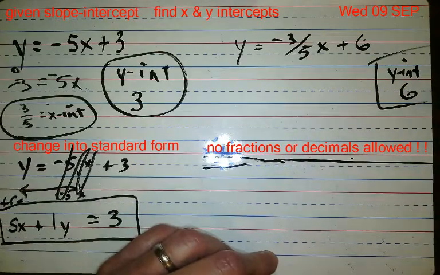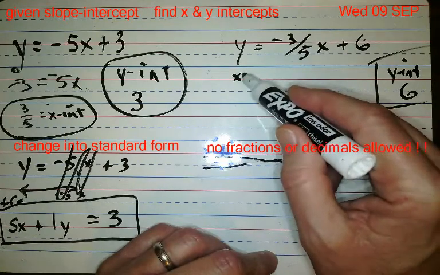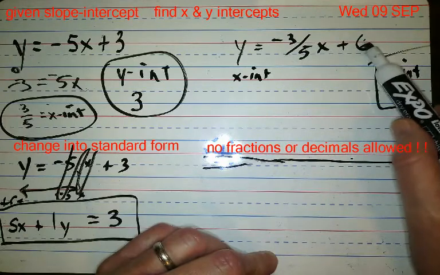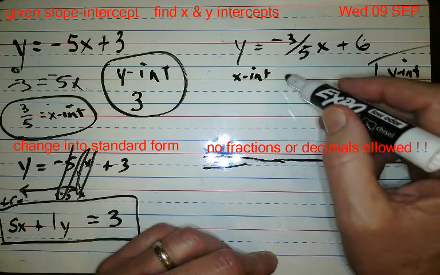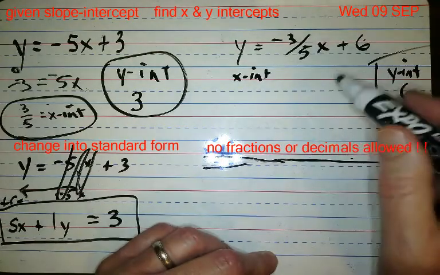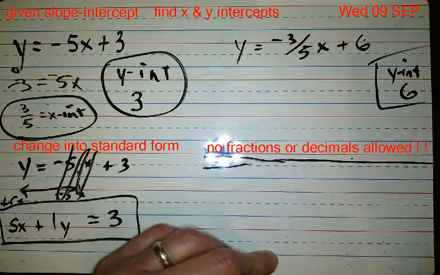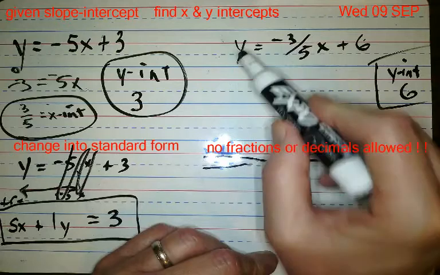Done. Remember what we said about the x-intercept. The x-intercept, we have to take the opposite of b, which is going to be negative 6. So let's move it over here so we can see what we're doing. Remember, when you find the x-intercept, you are in fact putting y equals 0.